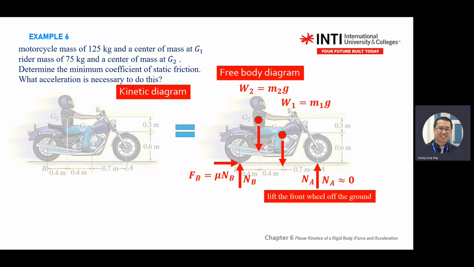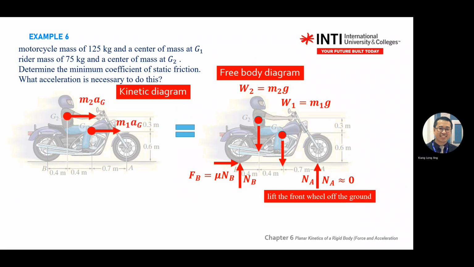So what else do you put first in your kinetic diagram? MA at where? At which location? How many G do you have?